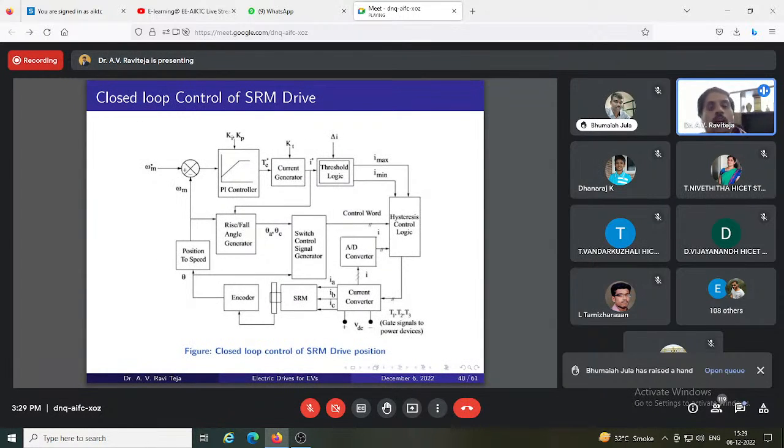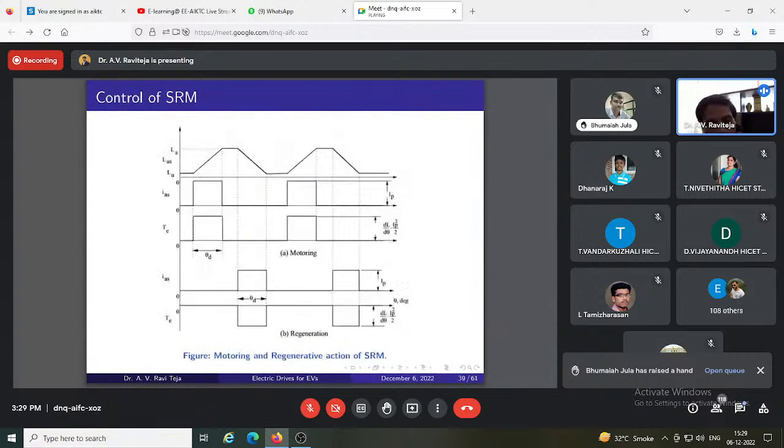So this is the closed loop control block diagram of SRM, where we can observe that first thing is I need to know the position of the rotor. Based on that only I can apply the control signal, because inductance profile of every phase entirely depends on the position of the rotor.